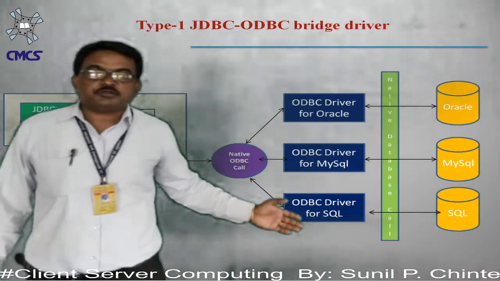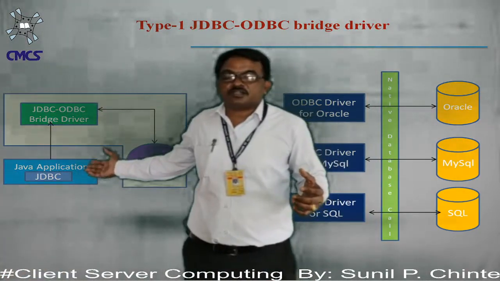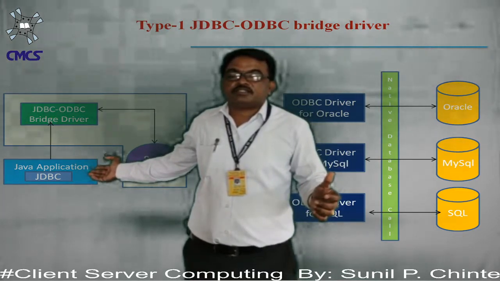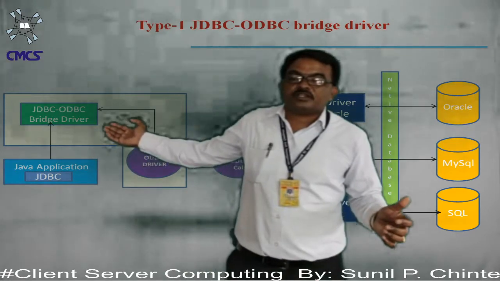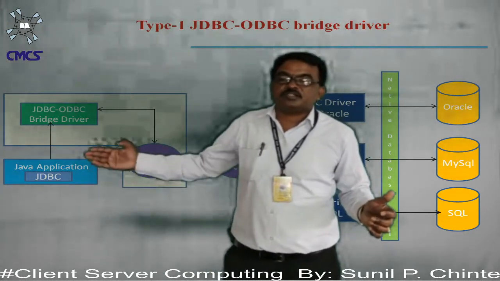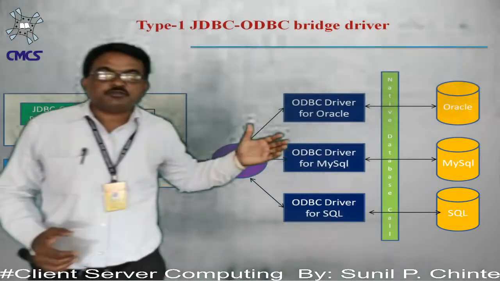So how it works: whenever the servlet or the application is designed by using the JDBC API, the JDBC call will be converted into ODBC by using the JDBC ODBC driver, and it is passed to the ODBC driver.